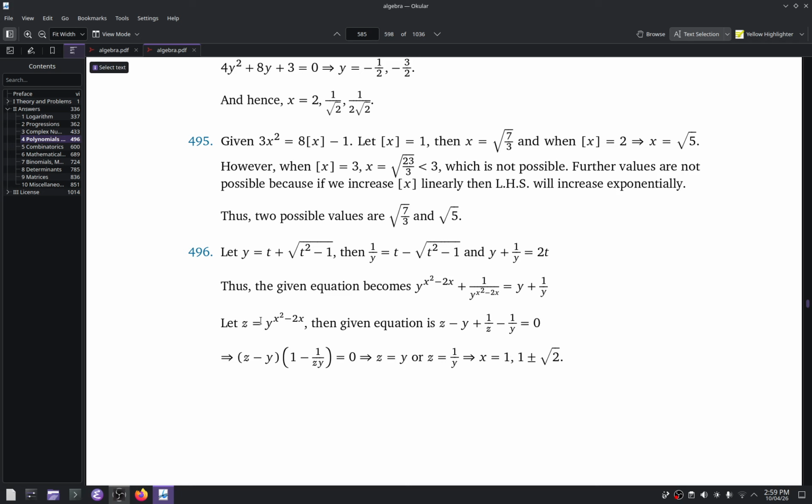If you put z = y here, you get the equation x² − 2x − 1 = 0, and if you put 1/y, you get the equation x² − 2x + 1 = 0. So obviously one of those equations, x² − 2x + 1, will give you this root, because that is (x − 1)² = 0.